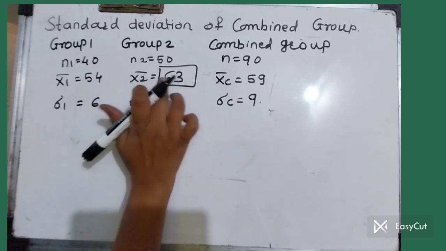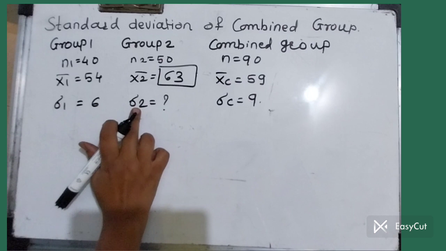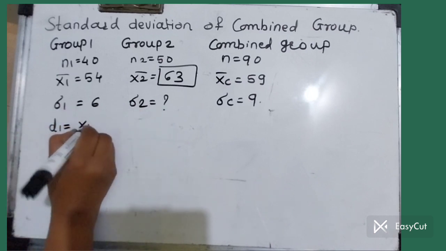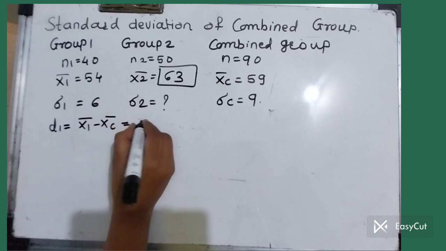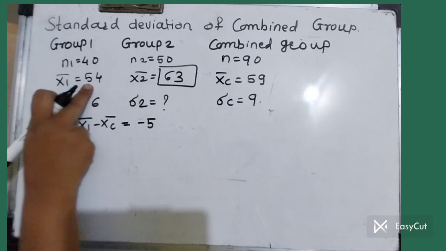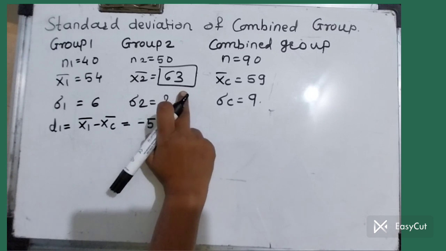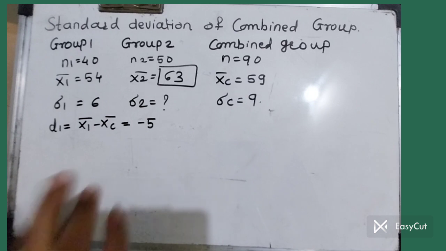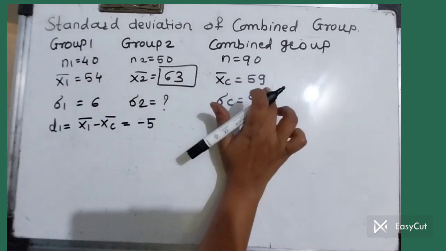Now we got X2 bar is 63. Okay. Now what we have to find? Sigma 2. For that, D1 equal to X1 bar minus XC bar. X1 bar is 54 and XC bar is 59.